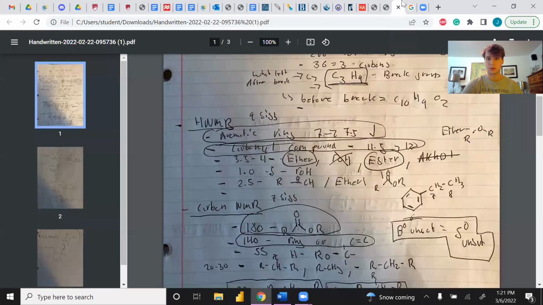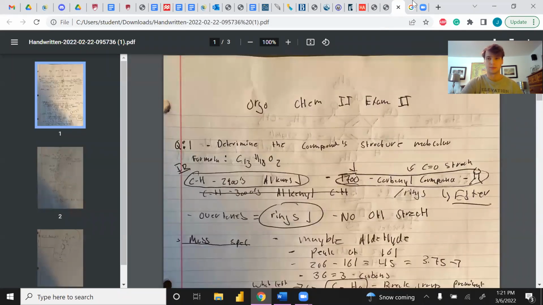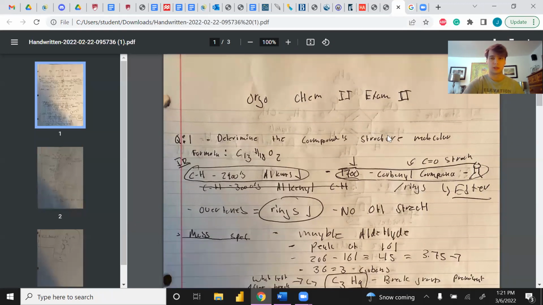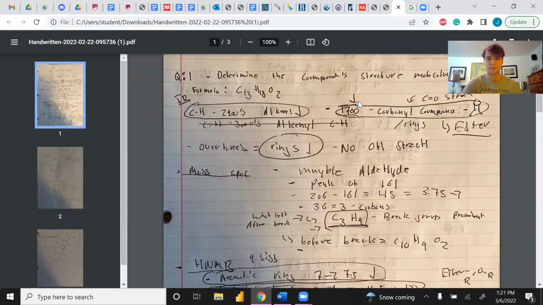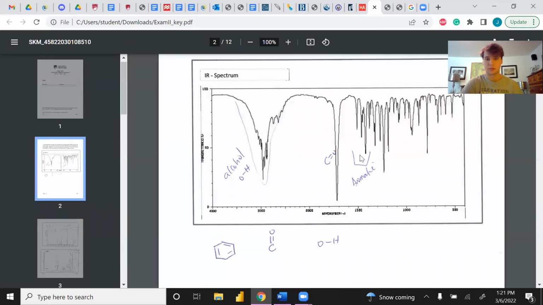I'm just going to do a quick review of all the other groups because I think it's fun, even though it is a little tricky. If we were looking at the IR spec, which is over here, this is nice, it's like a breakdown.